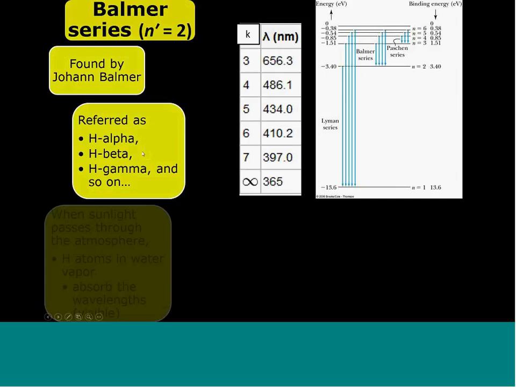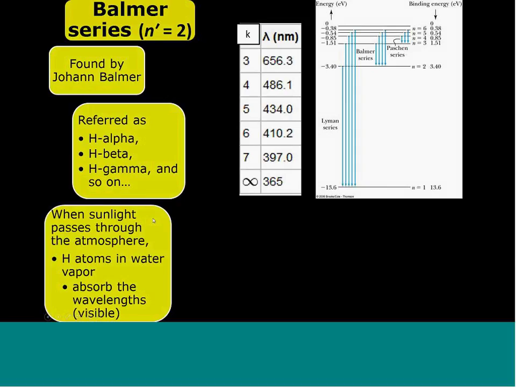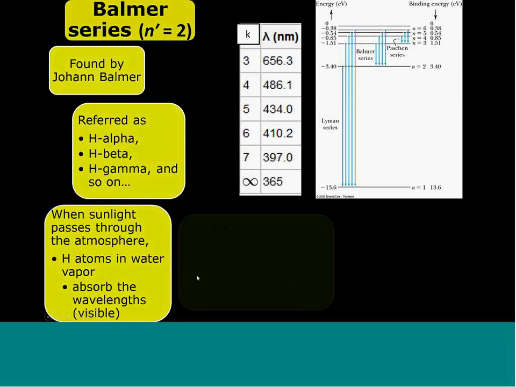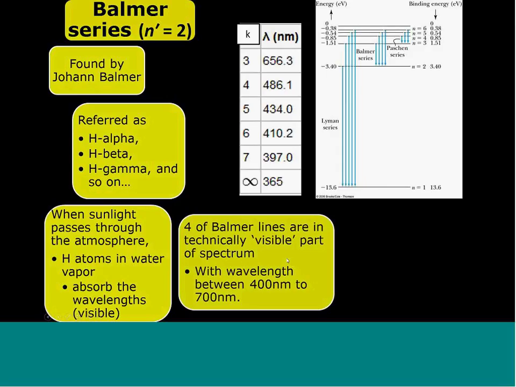So when sunlight passes through the atmosphere, atoms in water vapor absorb at those wavelengths. 4 of the Balmer lines are in the visible part. So there are Balmer lines yang berada dalam spectrum visible, okay, with a wavelength between 400 nanometer to 700 nanometer.